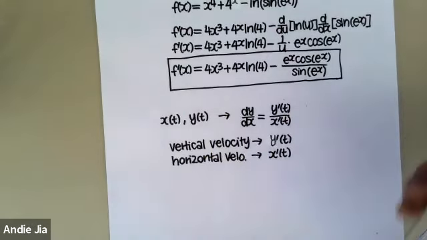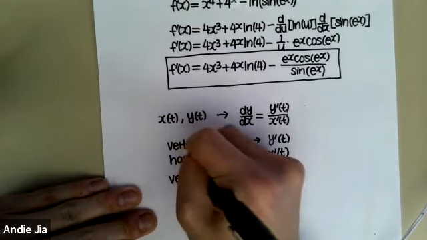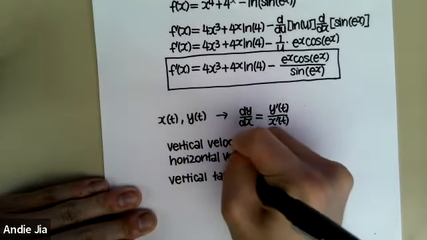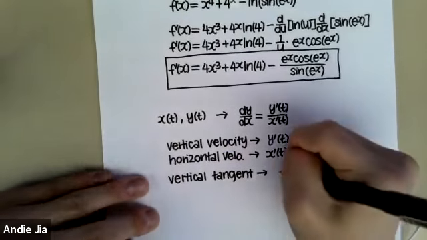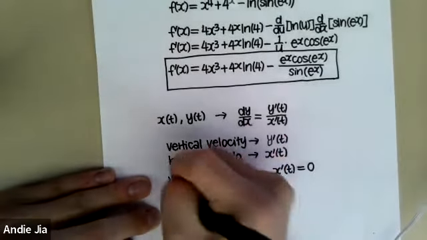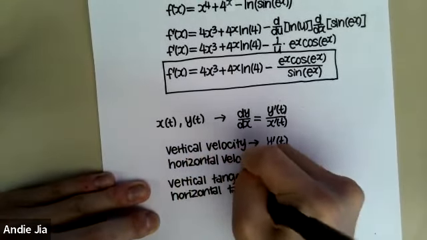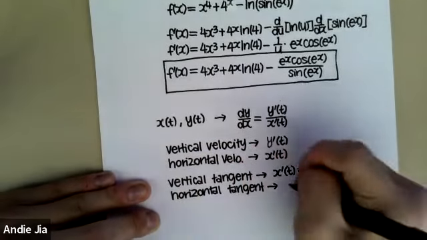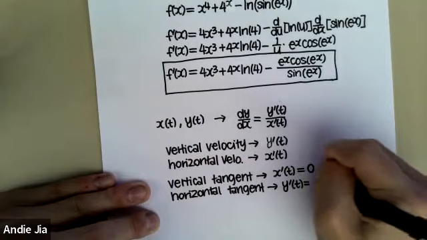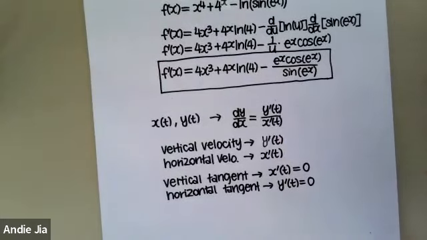But for a vertical tangent, it is when the denominator is 0. And for a horizontal tangent, we set y prime t to 0, because in a rational expression, if the numerator is 0, then the whole thing is 0.